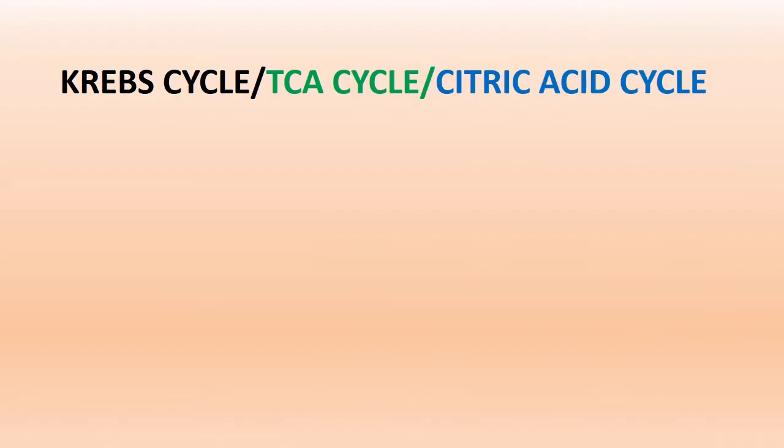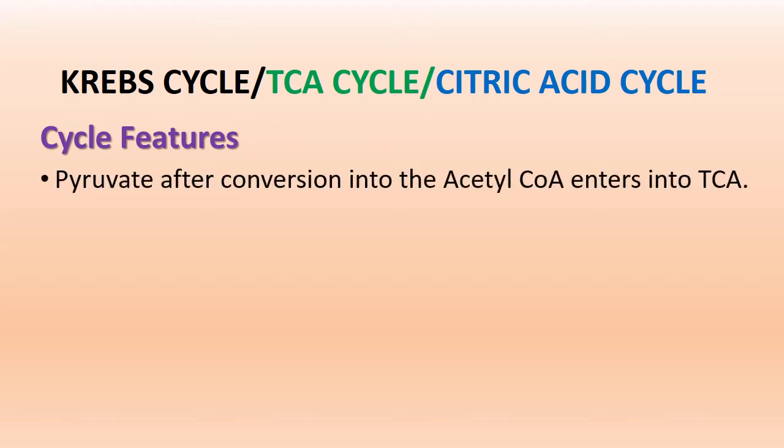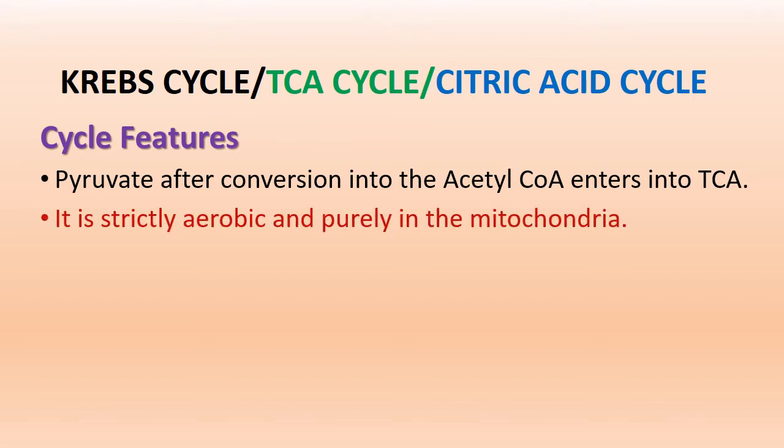If we talk about the features of this cycle, pyruvate after conversion into acetyl-CoA enters into the TCA cycle. This cycle is strictly aerobic in nature, and it takes place in the mitochondria.